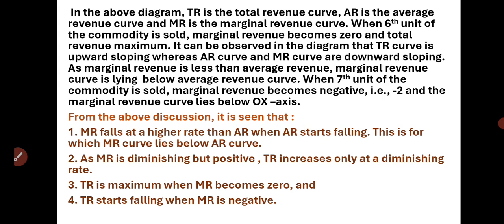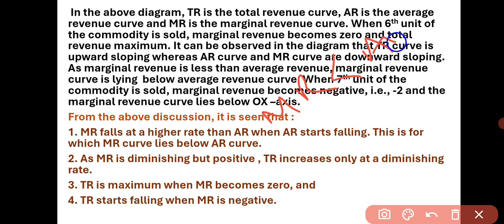You see, number one, marginal revenue falls at a higher rate than average revenue when average revenue starts falling. Always marginal revenue is less than average revenue, right?